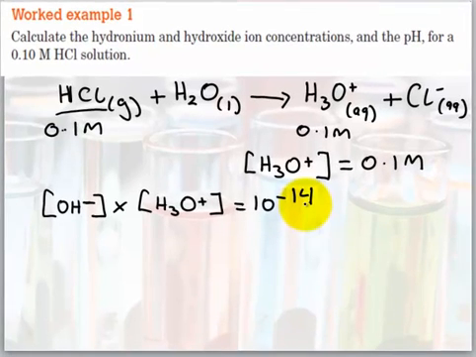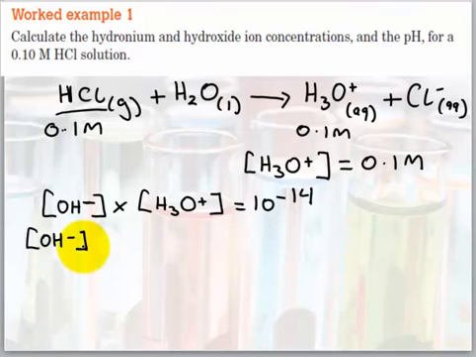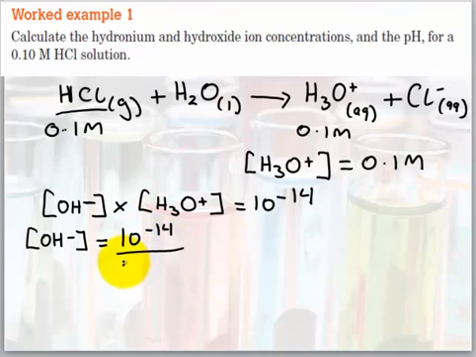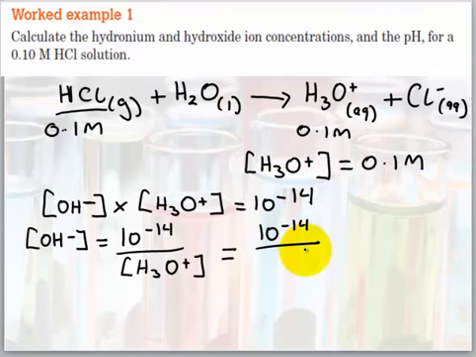So now we can solve for the OH concentration, which will be OH negative equals 10 to the negative 14 divided by the concentration of H3O positive, and that equals 10 to the minus 14 divided by, what's our concentration here? 0.1.